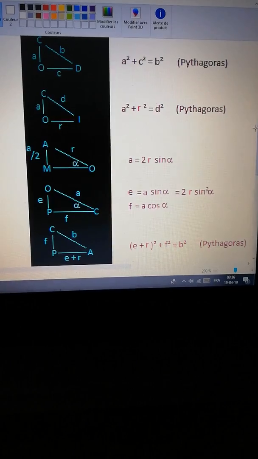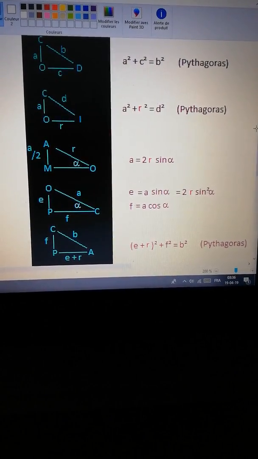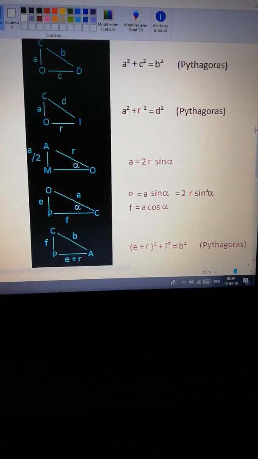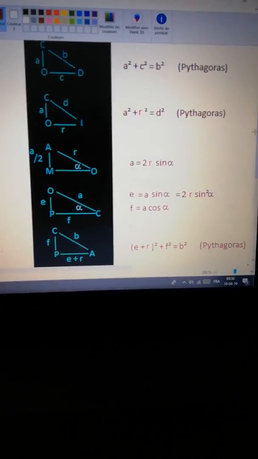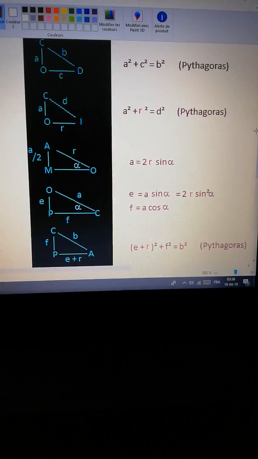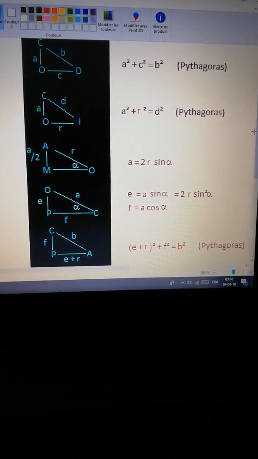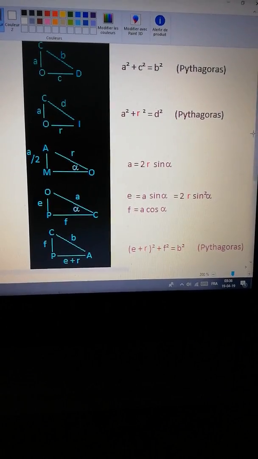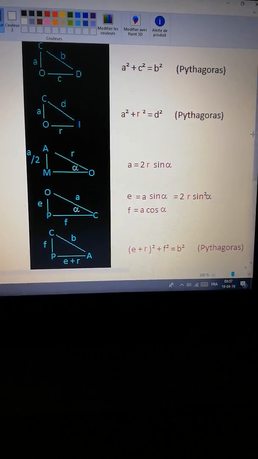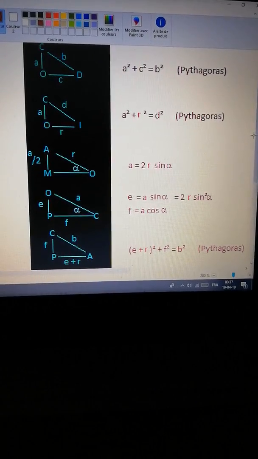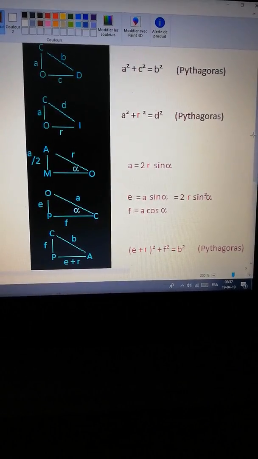So you can check this for yourself. You are supposed to know about Pythagoras, and you are supposed also to know the relationship between sides if you know the alpha and the sine of alpha and the cosine of alpha.